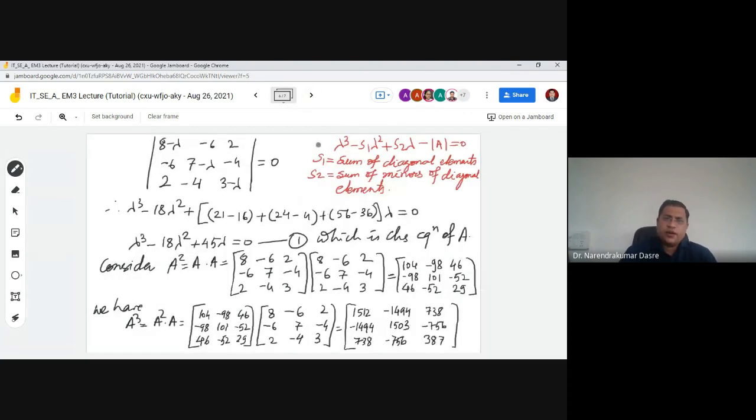Then S1 is the sum of the diagonal elements: 8, 7 and 3, which is 18. For S2, for this 8 we have this minor, for this 7 we have this minor, and for this 3 we have this minor. Once you calculate the minors, we take their sum, and then minus the determinant.